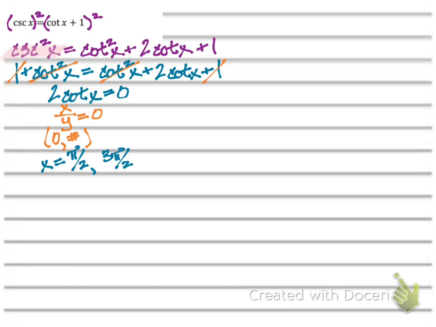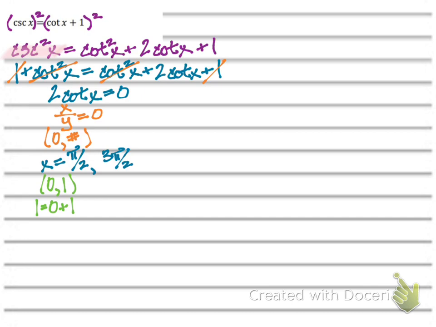So at pi over 2, my ordered pair is 0, 1. So I'm going to go back up into my original and think about it. Let's see. I guess we got to do a little work here. So cosecant is going to be a 1, right? And cotangent is going to be 0 plus 1.